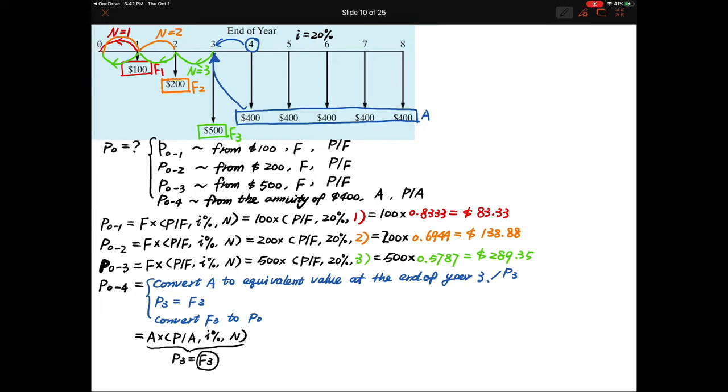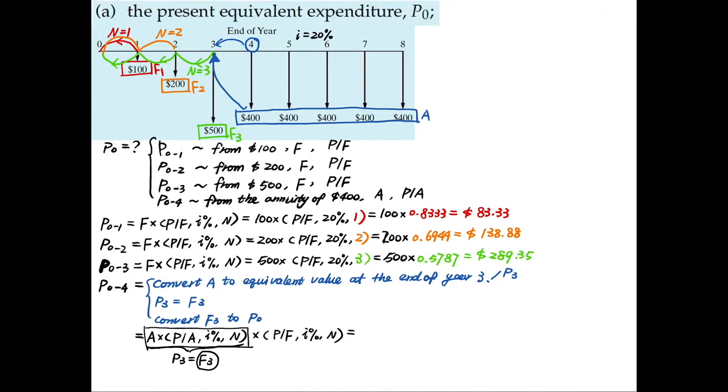Okay, and if you have something at a future time at year 3, how do you convert that to the present value 0? You use this value, which means you use the whole term of this, times another factor, which is to find the P given some future value, right? P/F, I% and N. Okay, so this is the entire calculation.